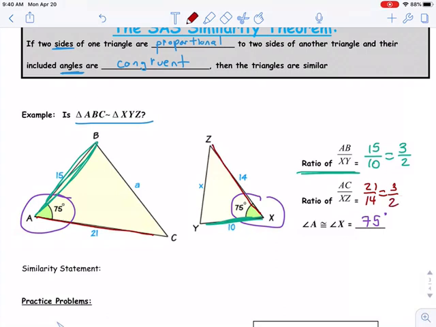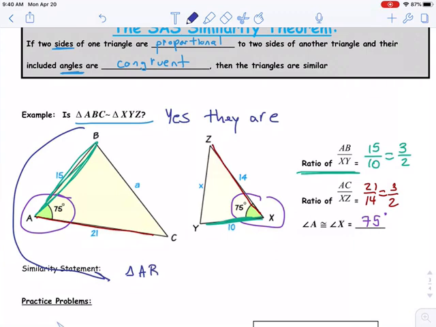All right, so sides proportional, included angle congruent. So yes, they are similar.